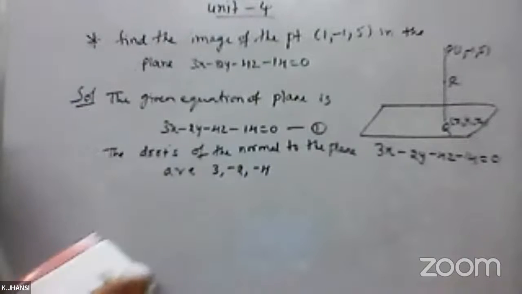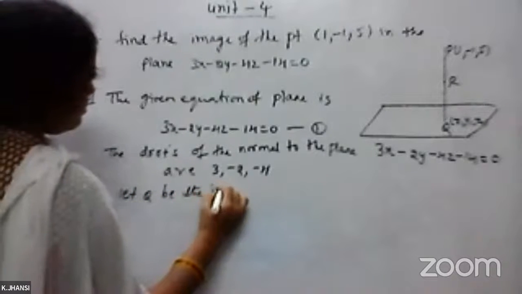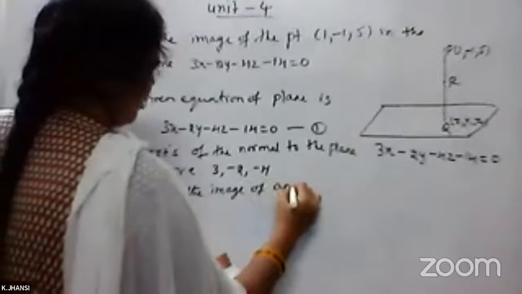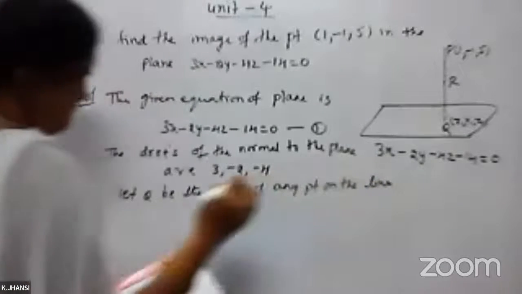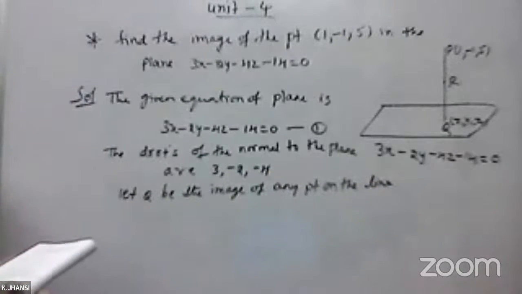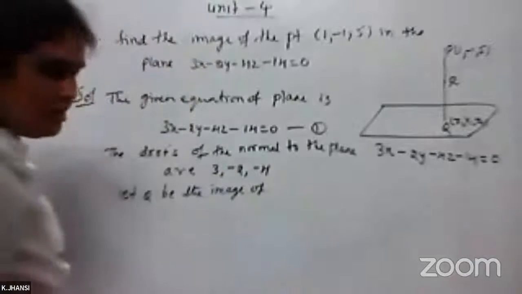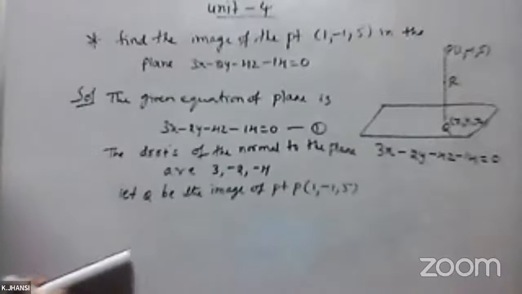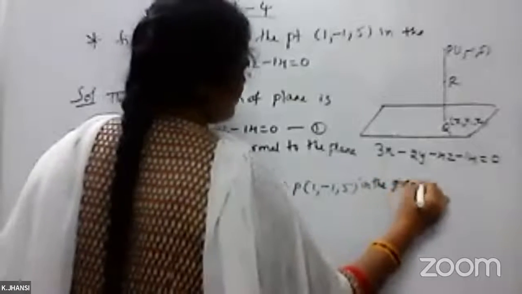After that, let Q be the image of the point P, which is (1, -1, 5), in the given plane 1.